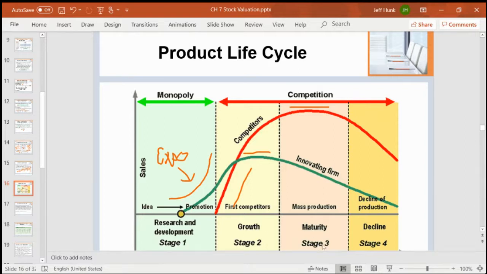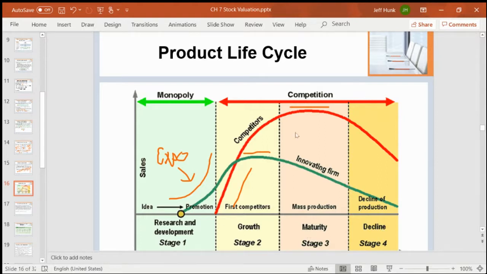And then in stage three, which is the maturity stage, the innovator generally goes into decline, but the entire industry is in mass production stage, and then in stage four, it's in decline.